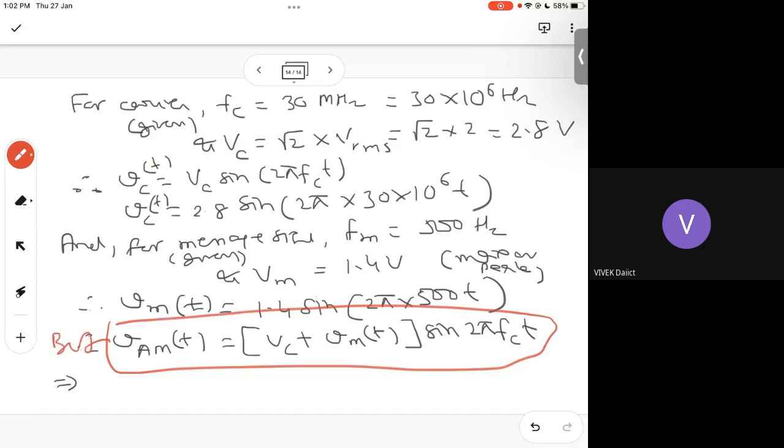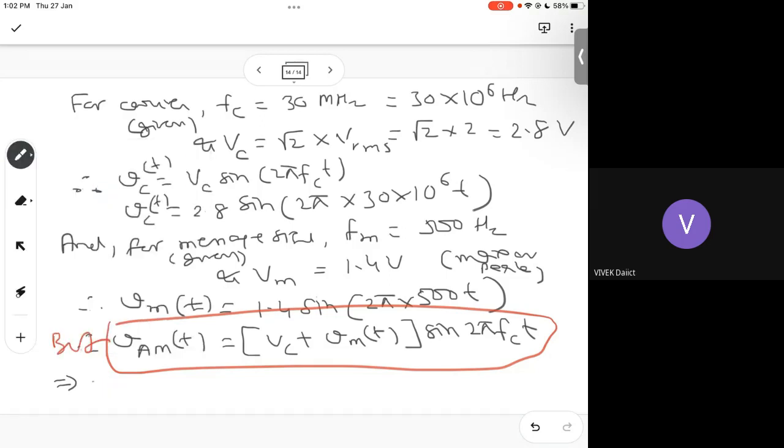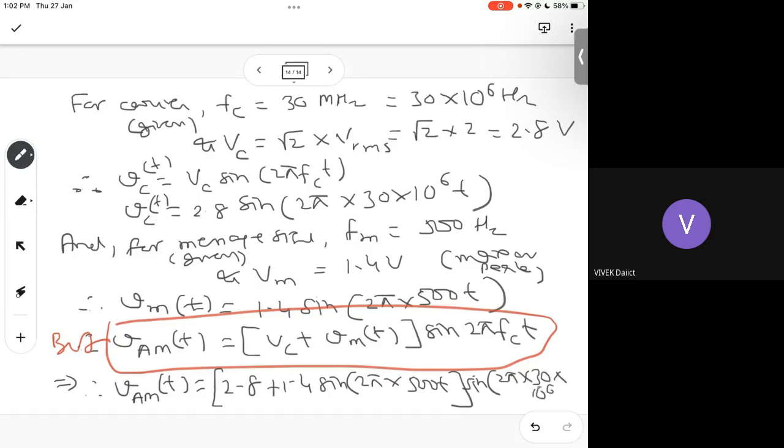So in this case, VAM(t), just how I'm writing, capital letters and everything, is 2.8 plus 1.4 sine 2 pi into 500t sine 2 pi into 30 into 10 to the power 6t.